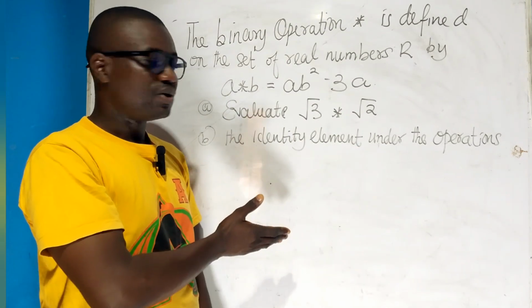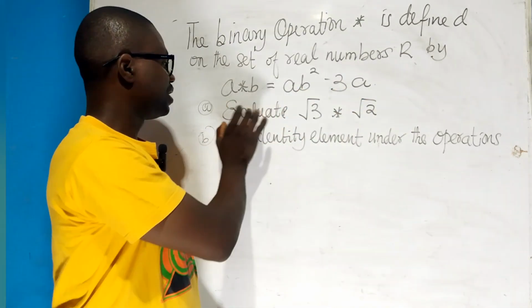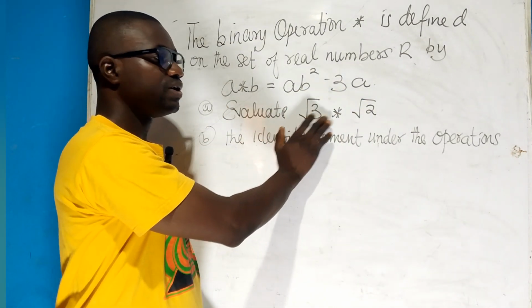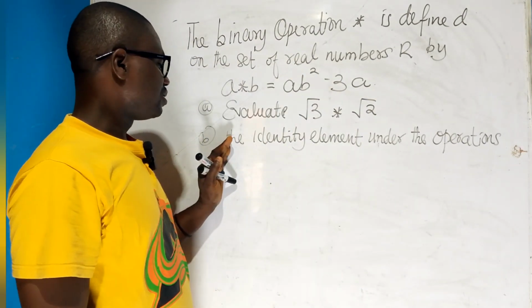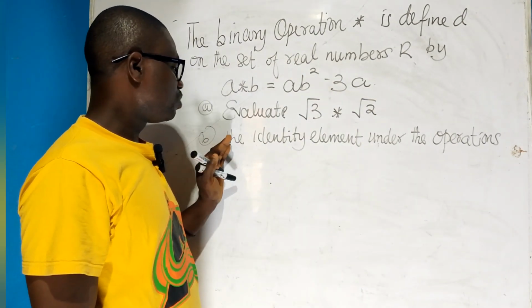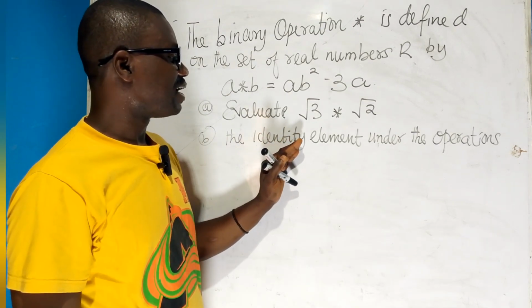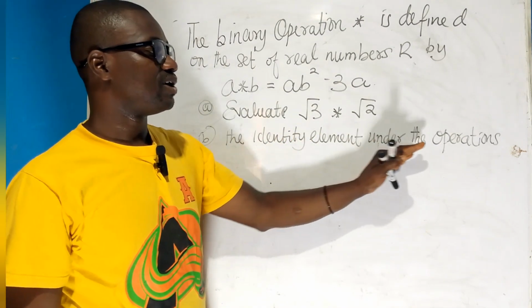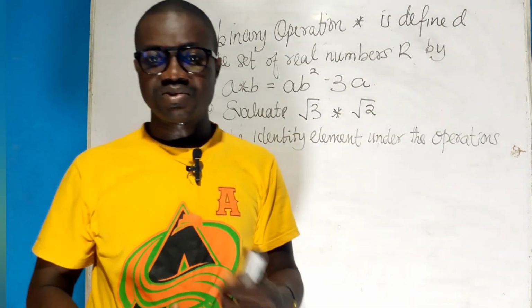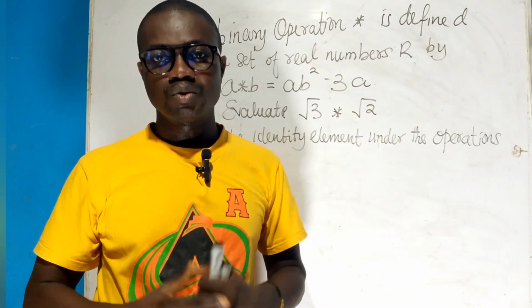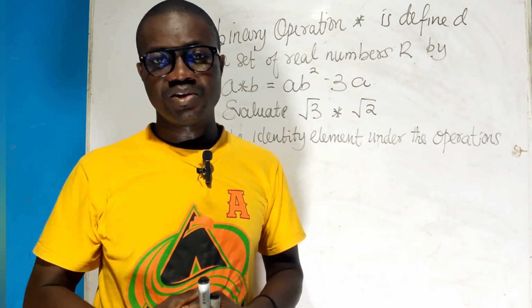We are using this operation to evaluate square root of 3 operation square root of 2. Then the second question says, use that to identify the identity element under the operation. This is a very likely and very simple question to look at when practicing for your examination.